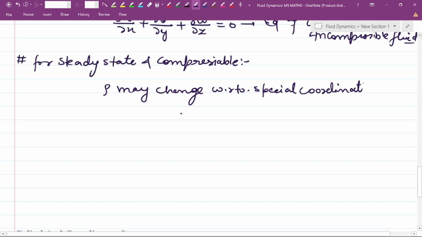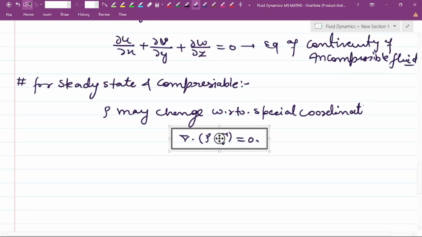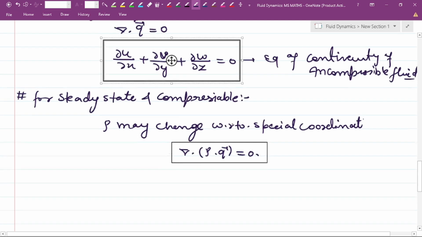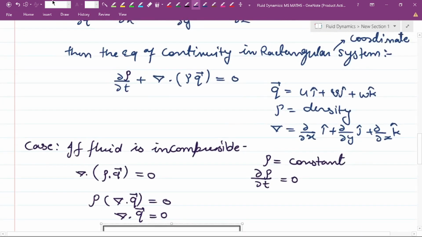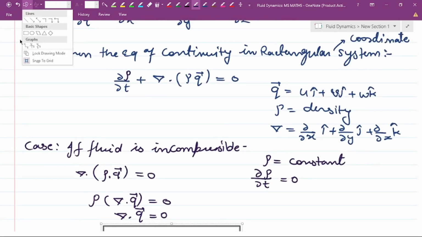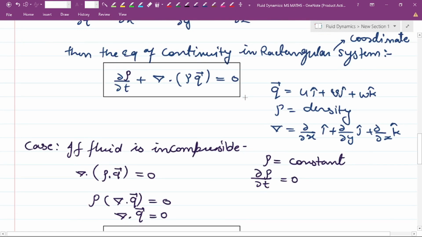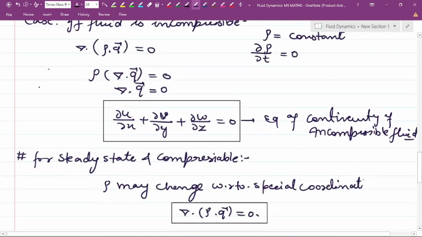Then del dot rho q vector is equal to 0. So this will be the condition. These two are the equations: this one is for incompressible, this one is for compressible, and this is in general the equation of continuity in the rectangular coordinate system.